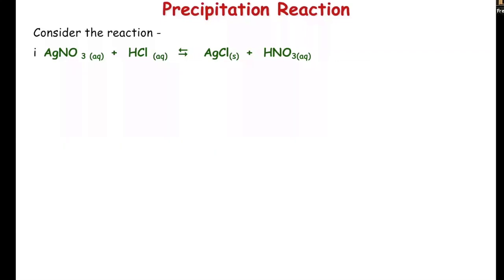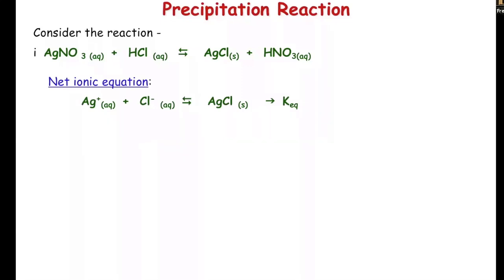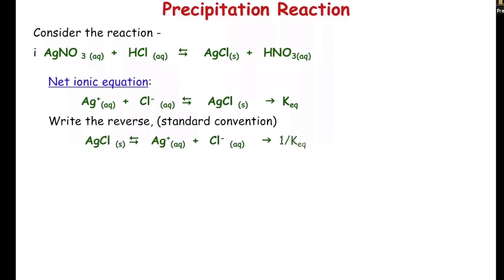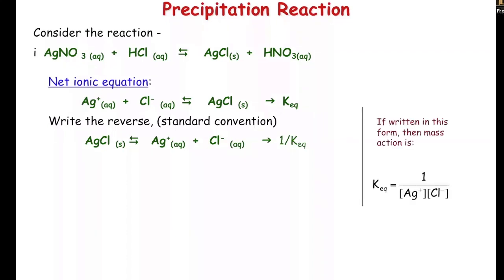So the net ionic equation is that, okay? You get a K equilibrium from that reaction, but we write it in the reverse. That's the standard convention. And so for the precipitation reaction, we write it in the reverse, we have that.